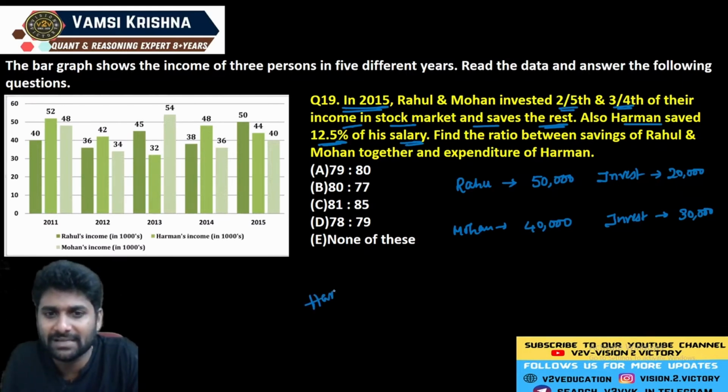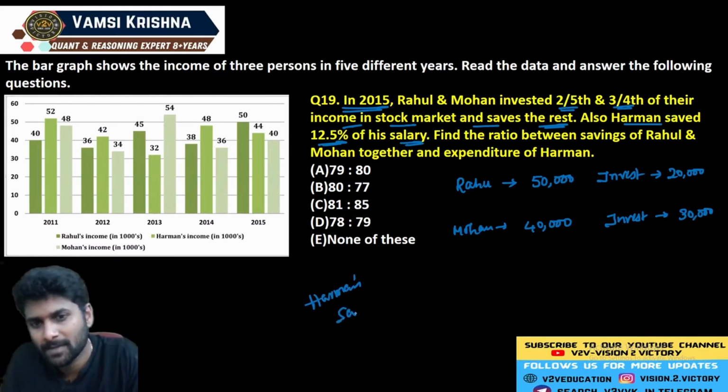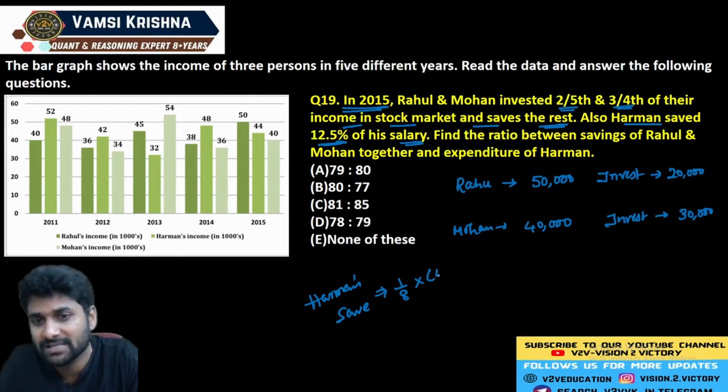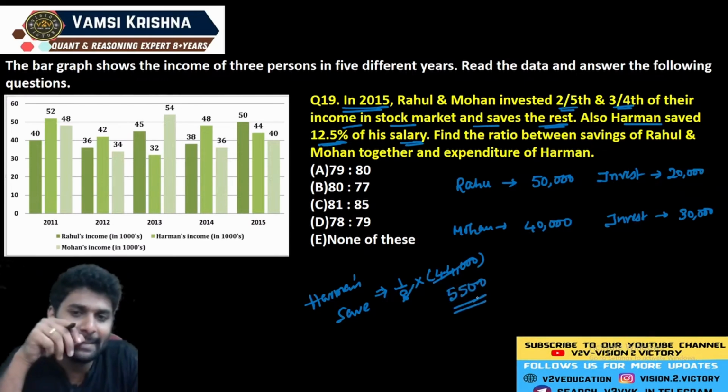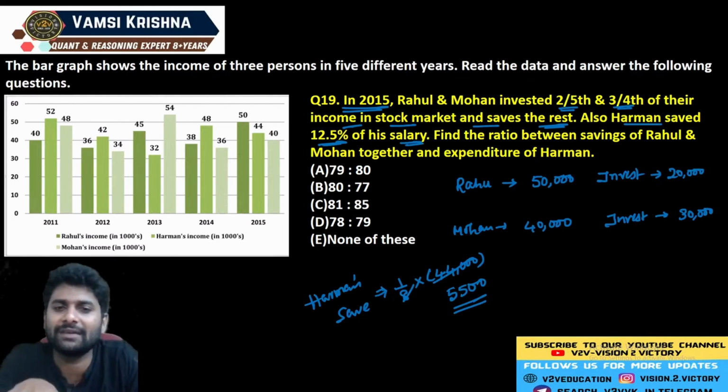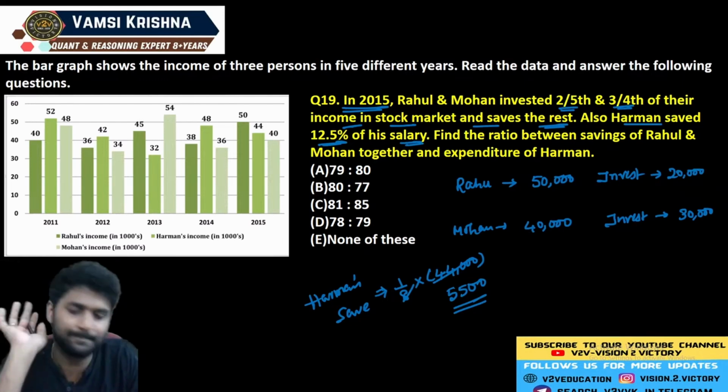You already know that 12.5 percent means 1 by 8th of that value. Harman's value is exactly equal to 44,000. Now go through the calculation here: it's 5,500 rupees of savings. Guys, be faster in the calculation, and you should learn how to convert percentages into fractions.